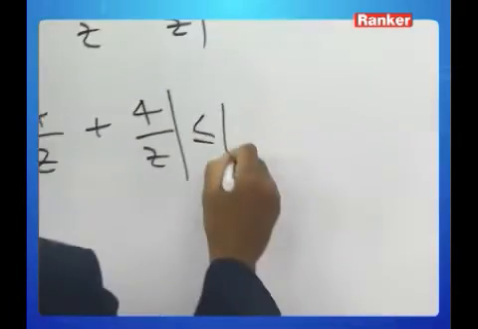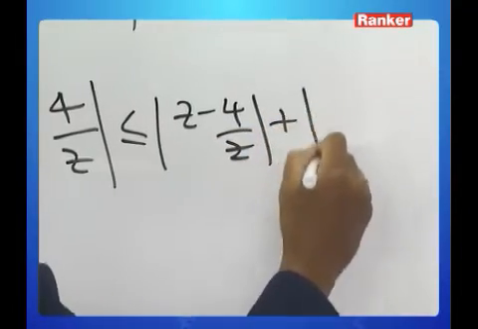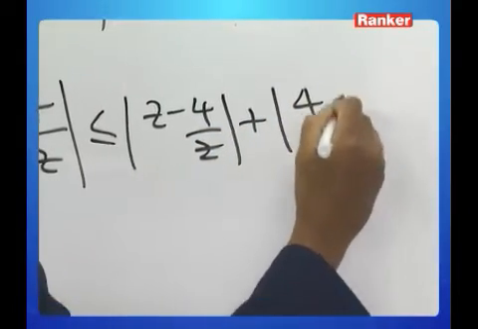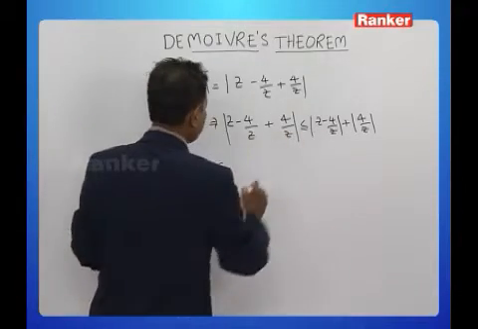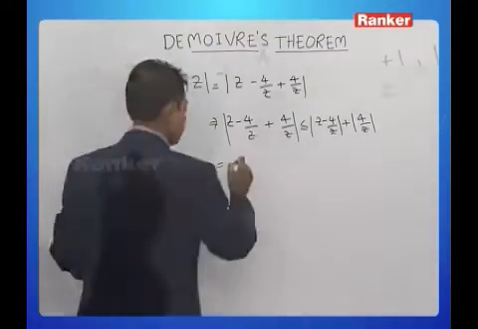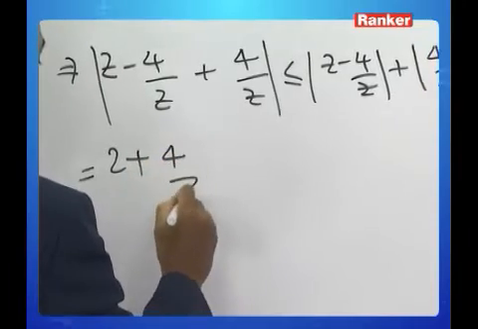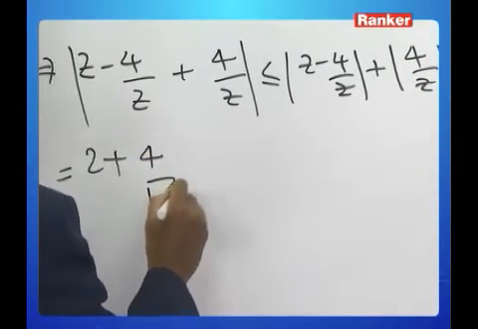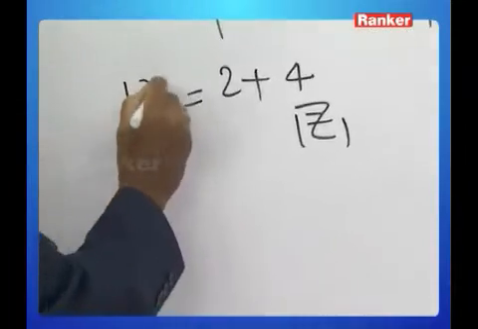So we can write modulus of z minus 4 by z plus modulus of 4 by z. Now z minus 4 by z value is given to be 2, and modulus of 4 by z is 4 by mod z, and here the left hand side is mod z.